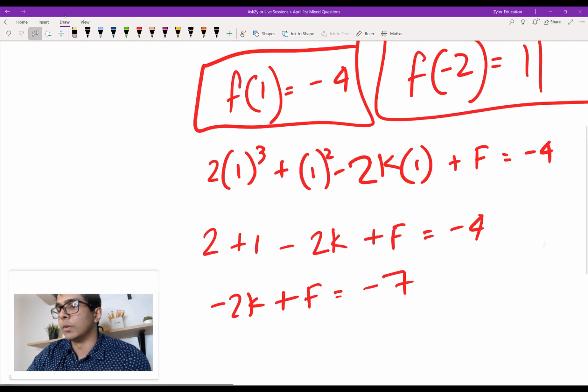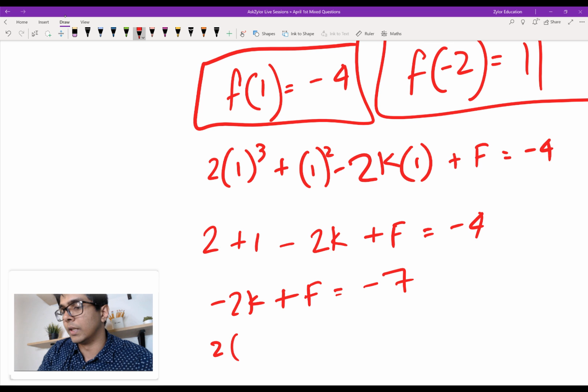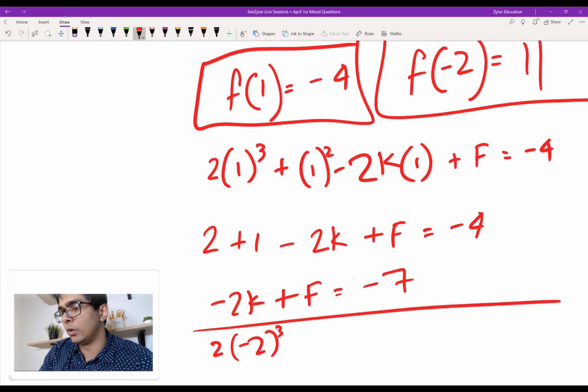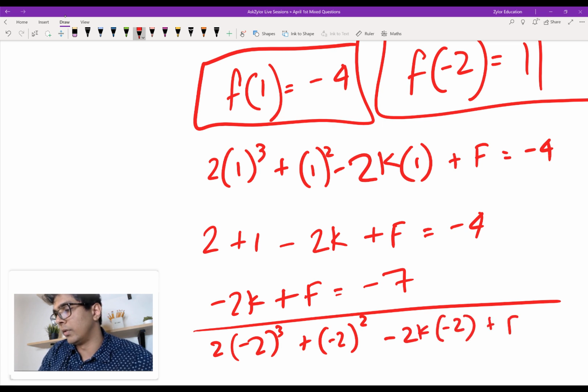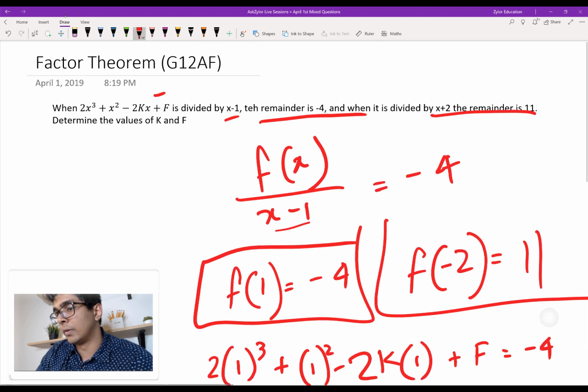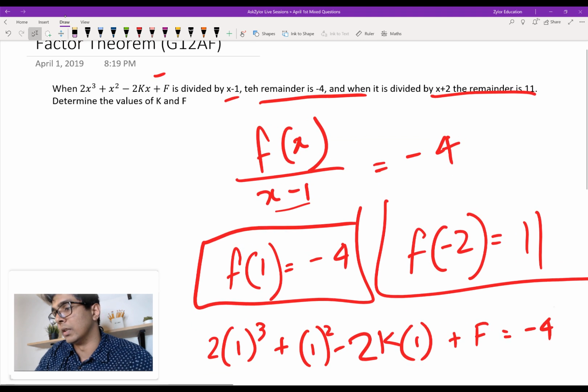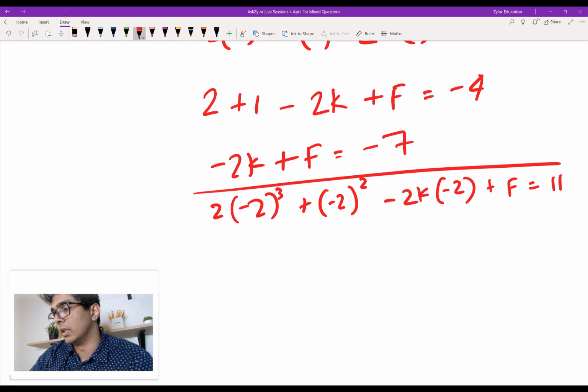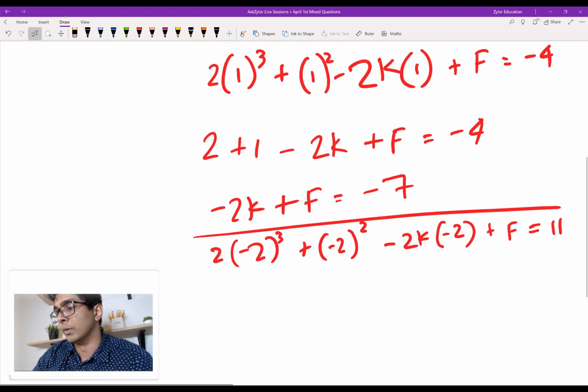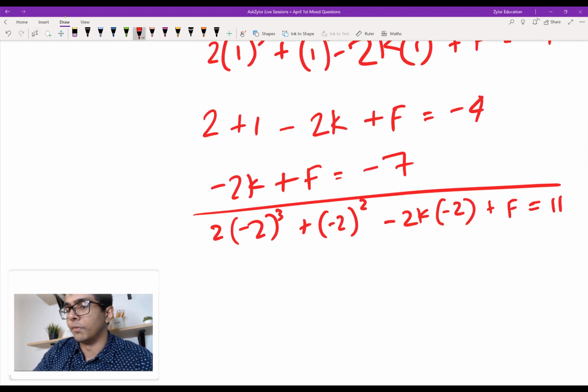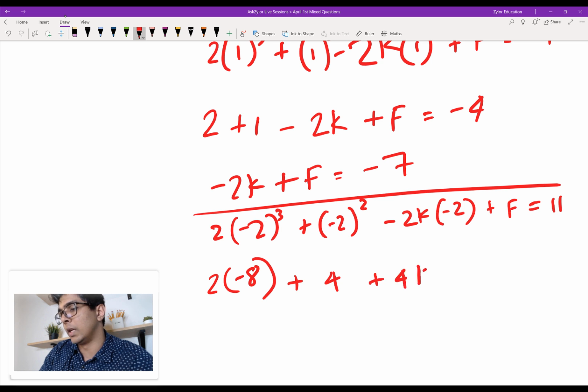So for f at negative 2, I'm going to plug in negative 2 into each of my x values. So negative 2 cubed plus negative 2 squared minus 2k times negative 2 plus f is equal to, in this case, 11, because my remainder is going to be 11 when x is at negative 2. So I'm going to evaluate this. So 2 times negative 8 plus 4 plus 4k plus f is equal to 11.